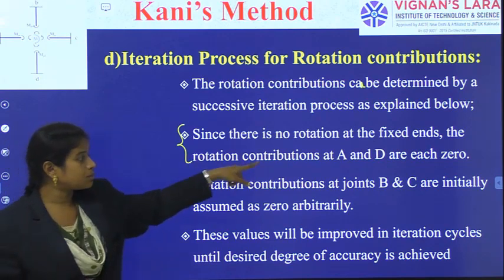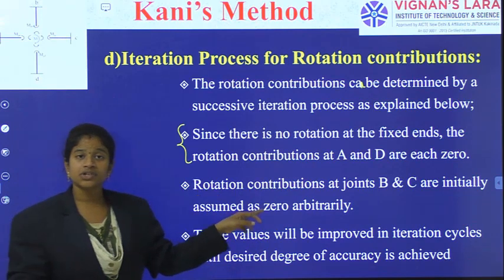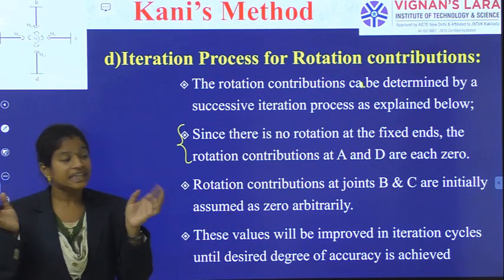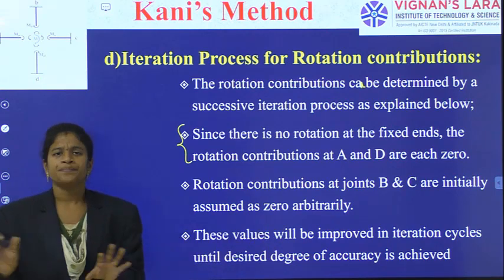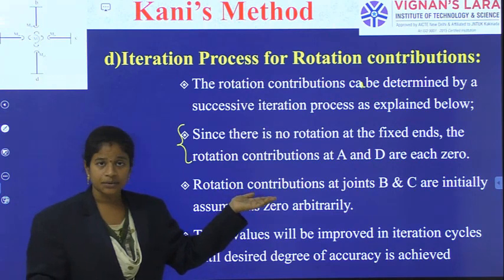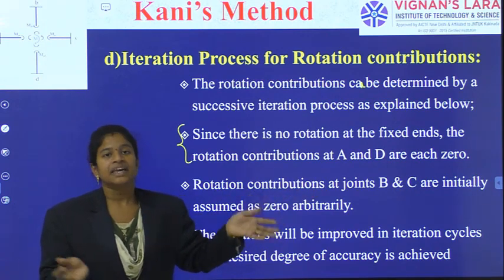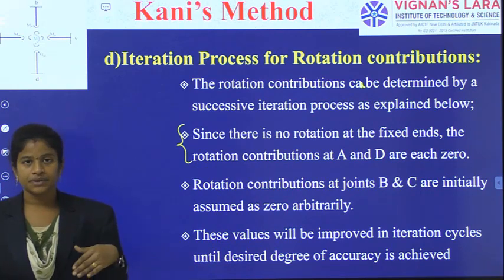Okay. The rotation contributions at A and D are also 0. And then the rotation contributions at B and C, initially we are assuming them as 0 arbitrarily. Just roughly they may be 0. Like that I am assuming. So the rotation contributions at joints B and C, initially I am typing them as 0. Later we will develop.